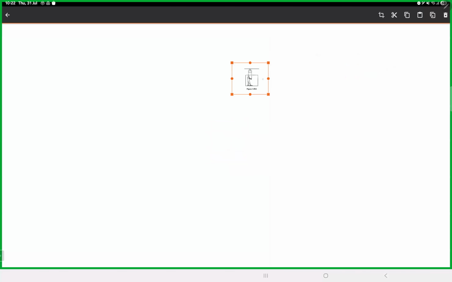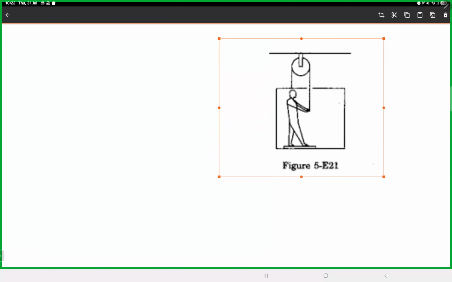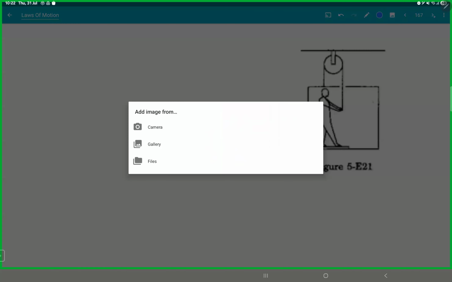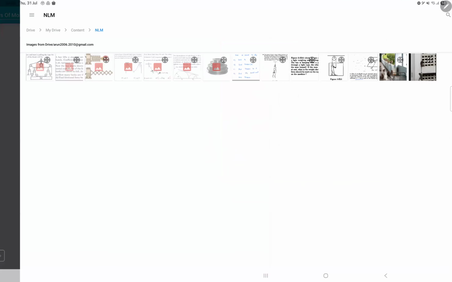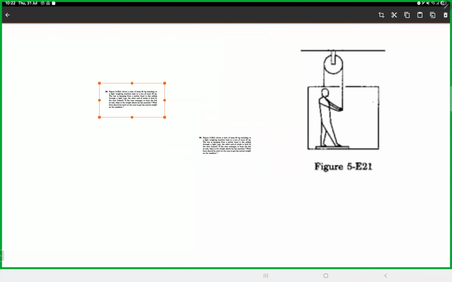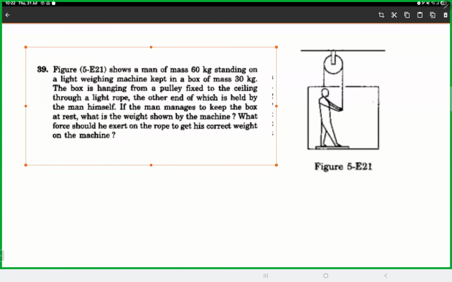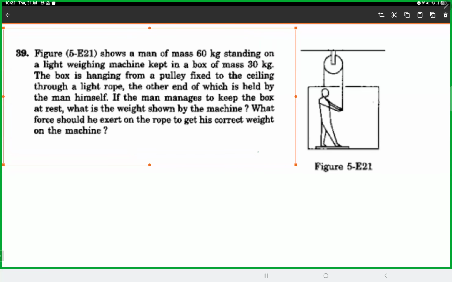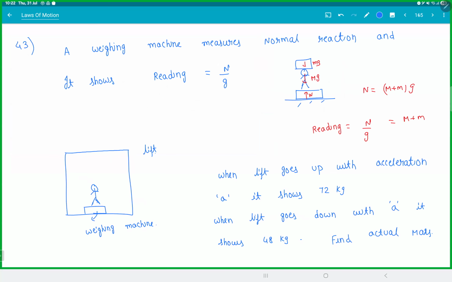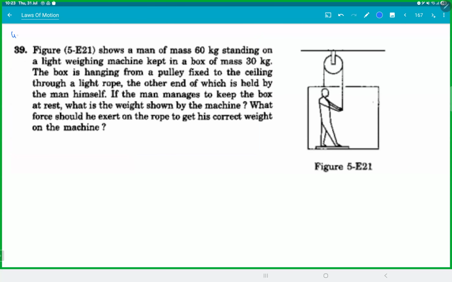This is a problem from HCV. It's a decent problem.